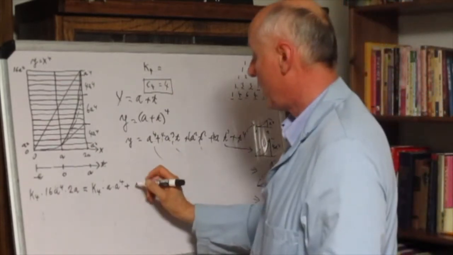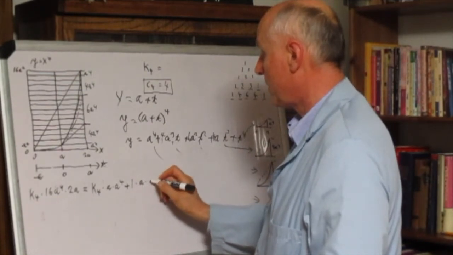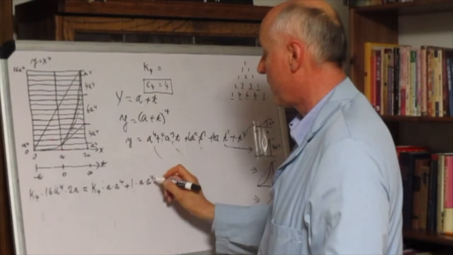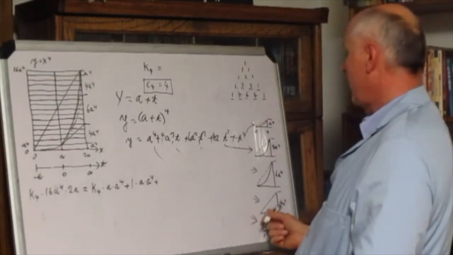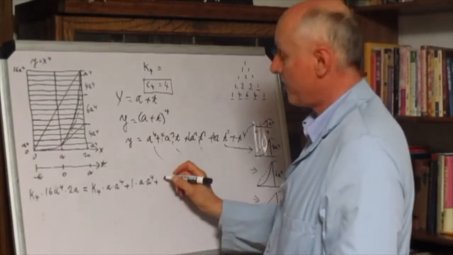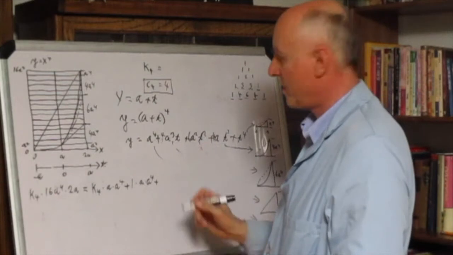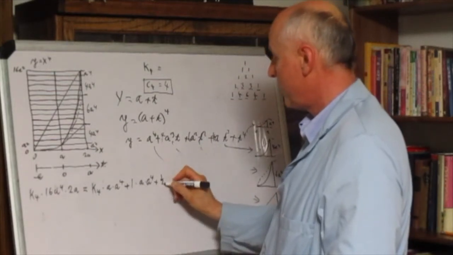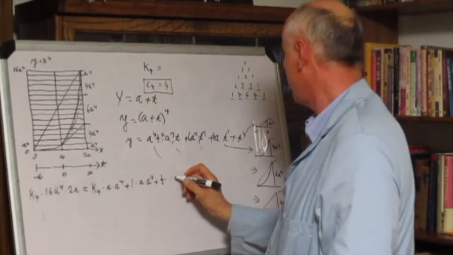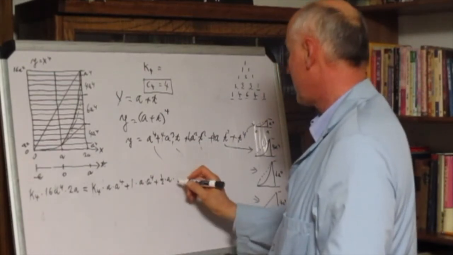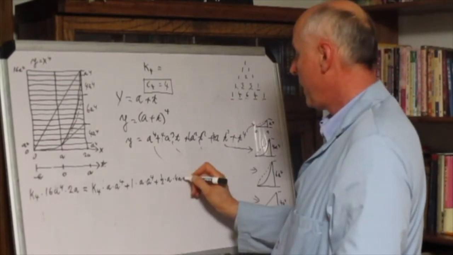Well, that's just 1 times base times height, a times a to the 4th. Pretty simple. Plus, now our linear term, well, that's 1/2. Our k factor for the linear term is 1/2 from basic geometry, right? That's a k factor, times a times 4a to the 4th.